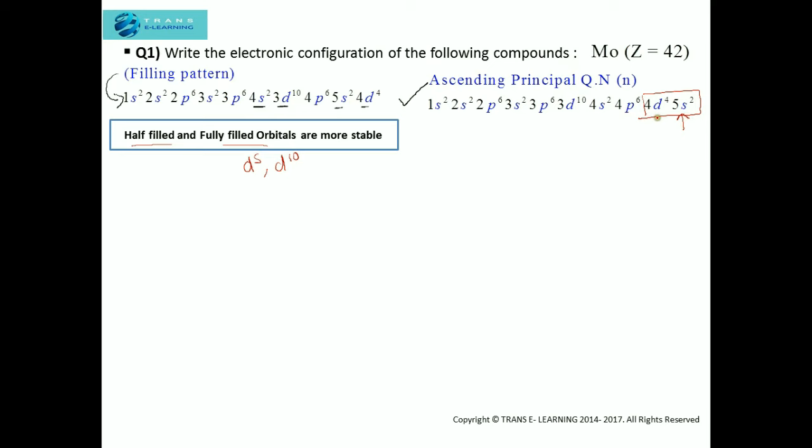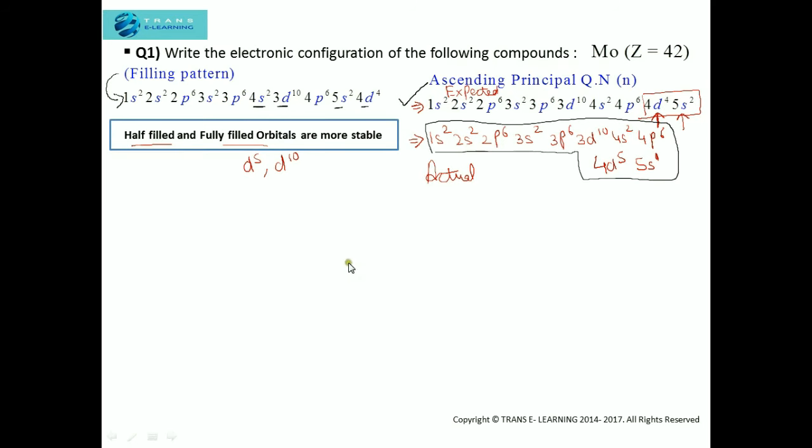So if it gains 1 electron, this d orbital will be extra stable, and this will lead to the extra stability of the orbital as well as the atom. So in this case, this is the expected configuration, but the actual configuration will be 4d5 and 5s1. This is the actual electronic configuration of molybdenum.